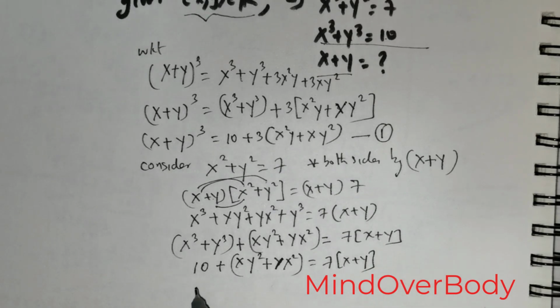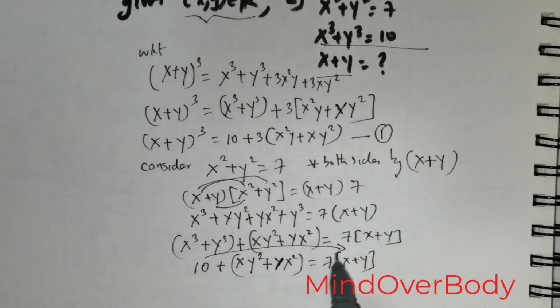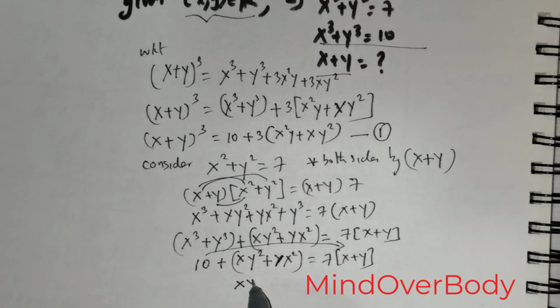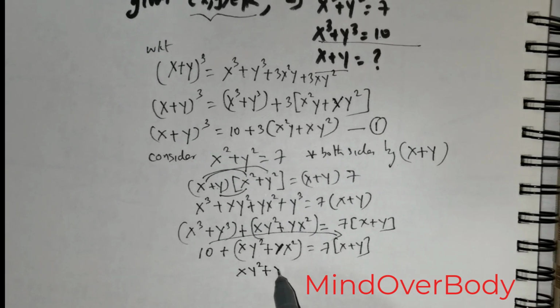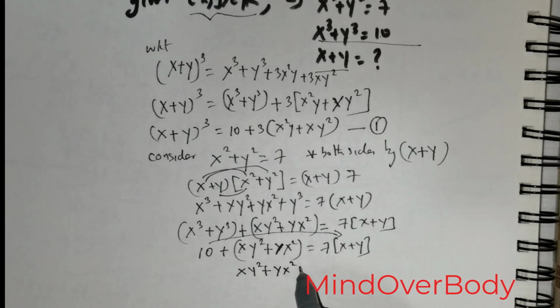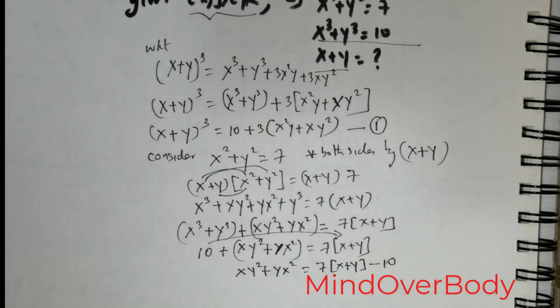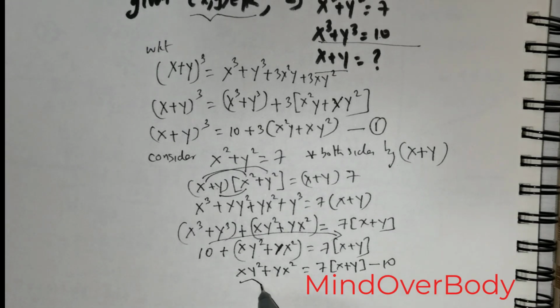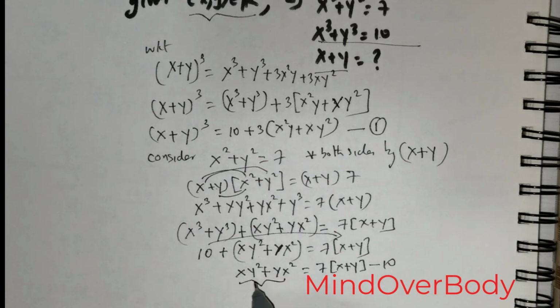Now I can move this 10 to the right hand side. That would give me x y squared plus y x squared is equal to 7 times (x plus y) minus 10. Now I'm going to take this value for x y squared plus y x squared and substitute it in 1.